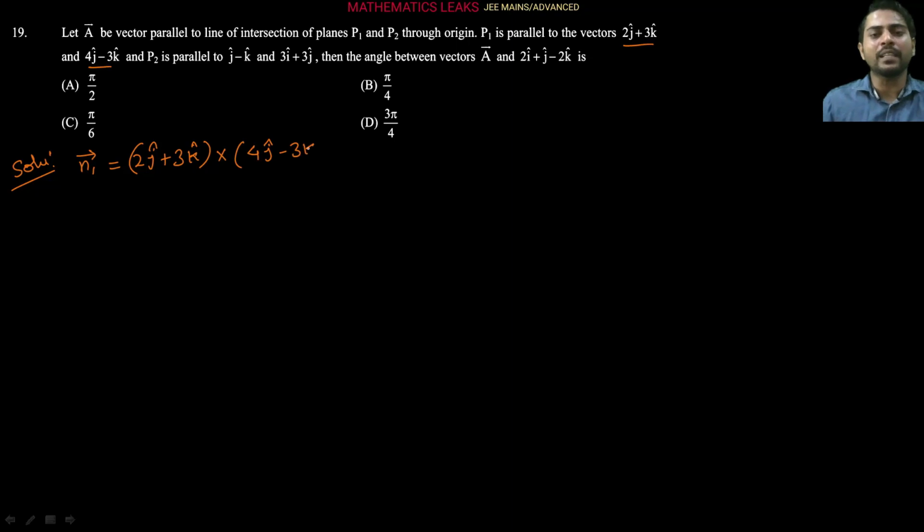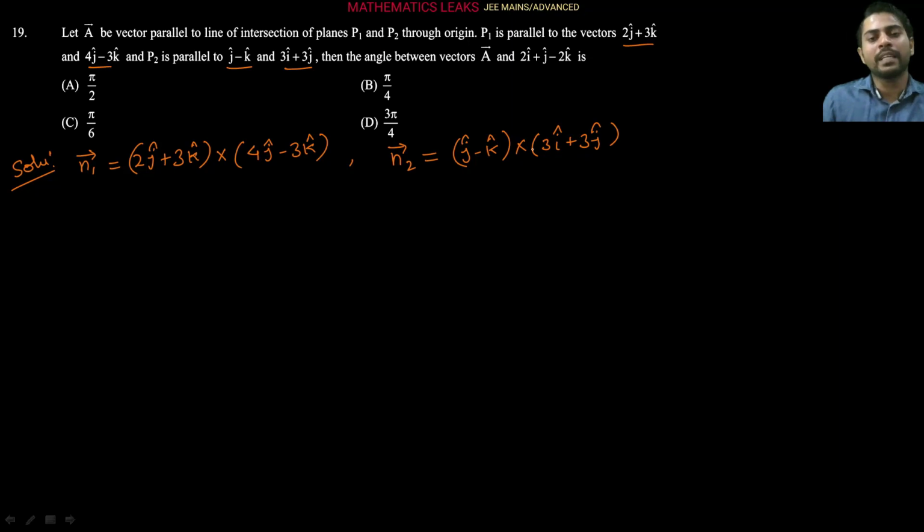And similarly, P2 is parallel to this vector and this vector, so the P2 plane normal will be perpendicular to these two vectors. Let's suppose the P2 plane normal I am calling vector N2. That will be the cross product of (j cap minus k cap) with (3i cap plus 3j cap), right?